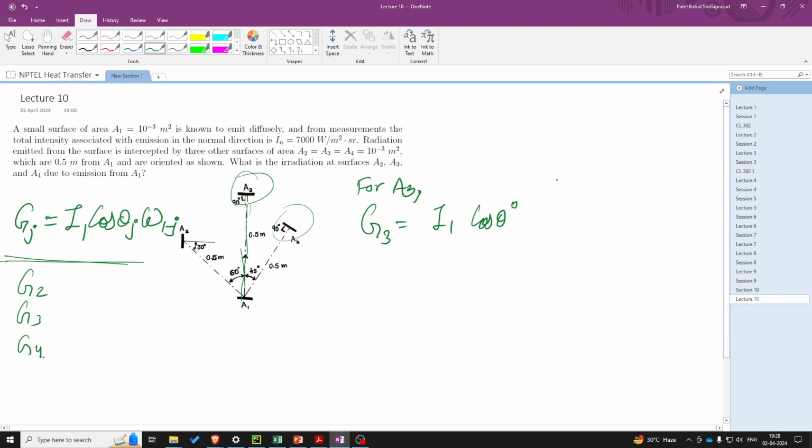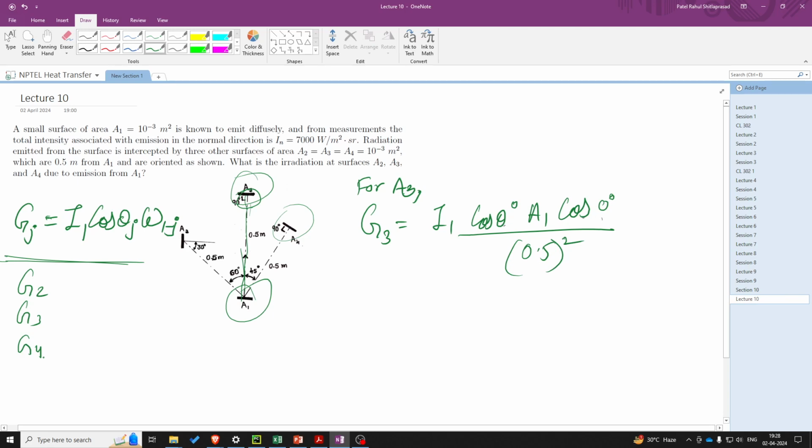This we saw as A1, cos of the angle made over here, that is 0 degrees, upon the distance between these two squared, that is 0.5 square.